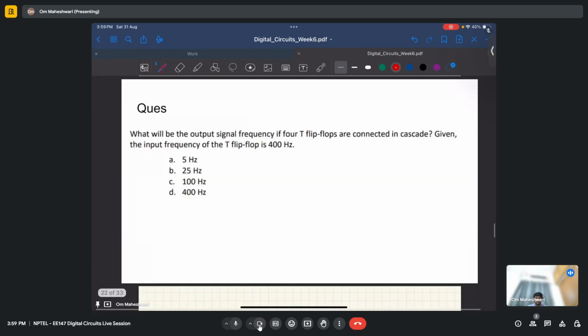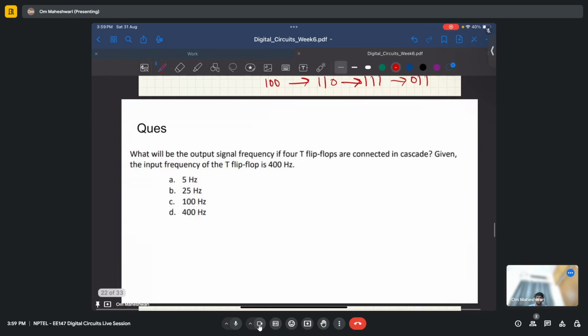So let us see the next question now. What will be the output signal frequency if 4 T flip-flops are connected in cascade, given the input frequency of the T flip-flop is 400 Hz?